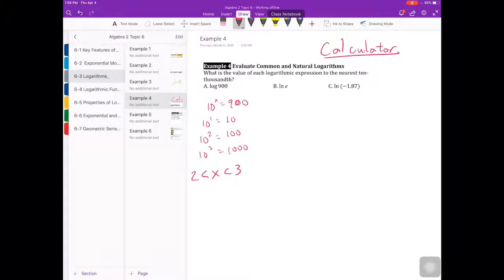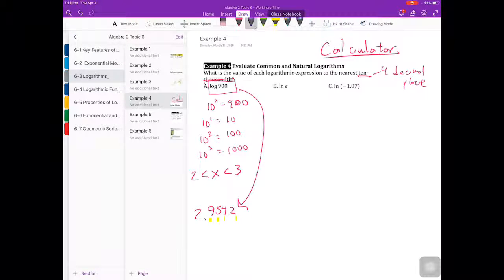So if I put this in my calculator, exactly how it appears, it's going to spit out 2.9542. And we're taking it to the 10,000th, which means 4 decimal places. So tenths, hundredths, thousandths, 10,000ths.